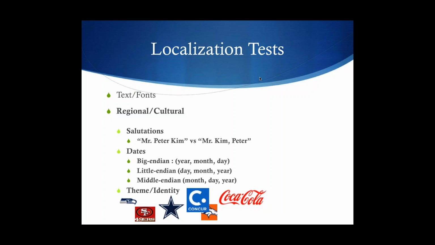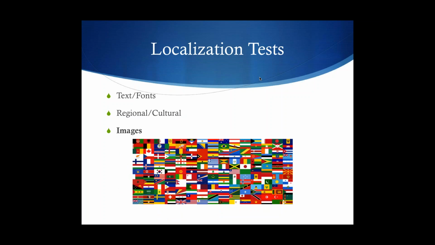Okay? Other examples are dates, even within a region or within a nation. So you might have a website where the theme changes based on one's favorite football team or a company brand. So if you're American Express and you're logging in, perhaps your web application wants to show specific things to American Express. All right. And of course, images.